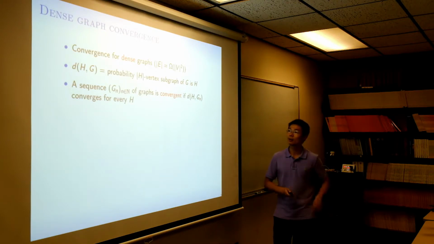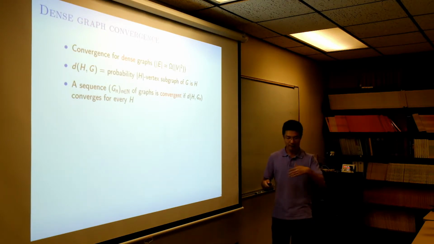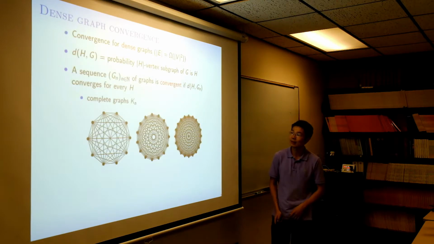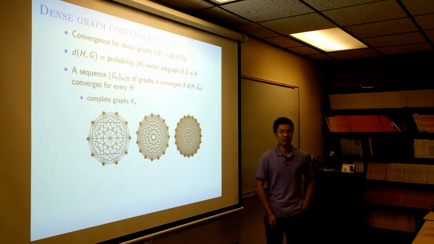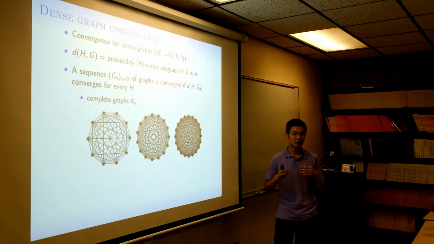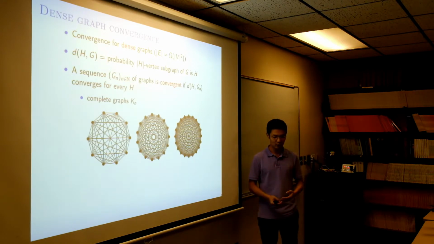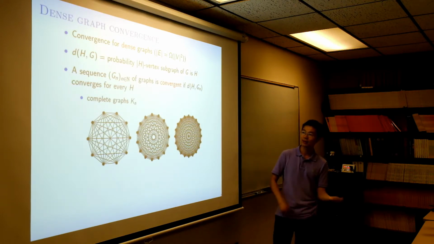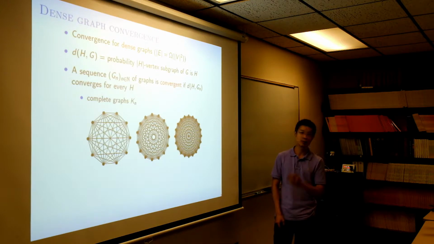Okay. So now we have a convergent sequence, and we may look for some examples. From the definition you can see this sequence must have some common properties, right? And usually you can define it in some way, with a formula. For example, here you look at a sequence which is just complete graphs, and it converges.